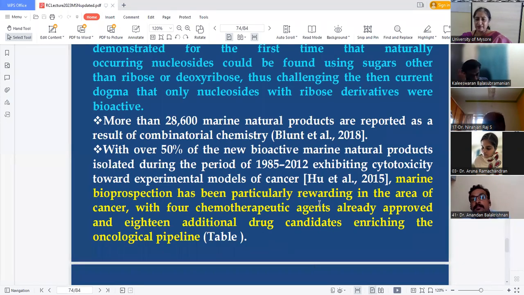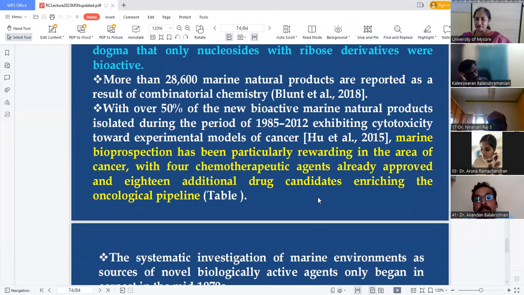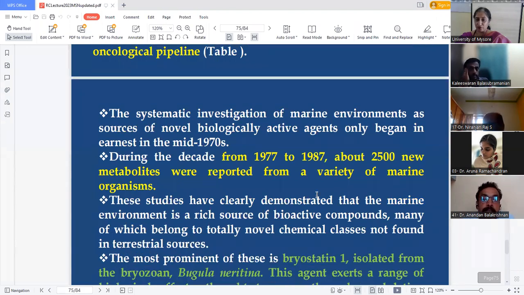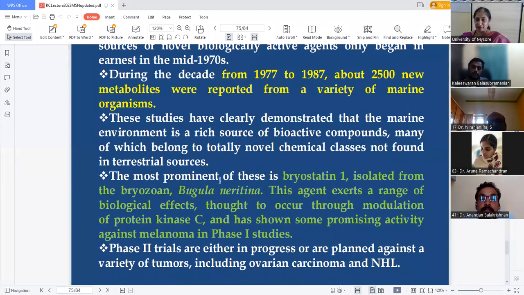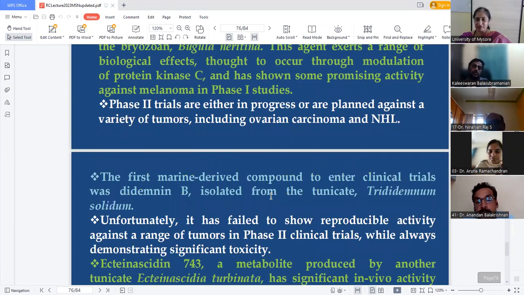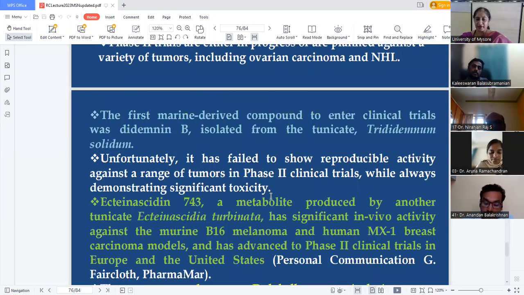So this table clearly shows that some of the agents are in the pipeline, there are some statistics which have been given. Marine environment, not necessarily you have to take the marine sediment or marine water, there are other invertebrates which live in the marine environment, the sponges, the bryozoans. Bryostatin 1 is one such compound. So like that, there are several of them that have been identified in the past years.